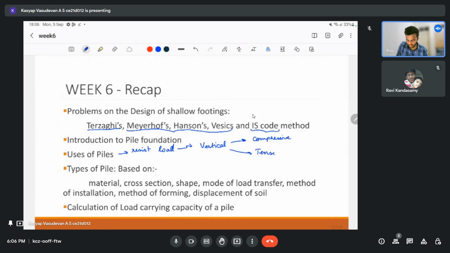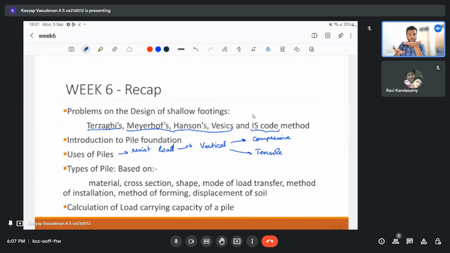Tensile load is generally found in tension piles, especially when there is a high-rise building, or a structure susceptible to wind, for example an electrical tower or lightweight structures which go very tall. In such scenarios, the wind load becomes quite significant compared to its mass, and that can cause uplift.